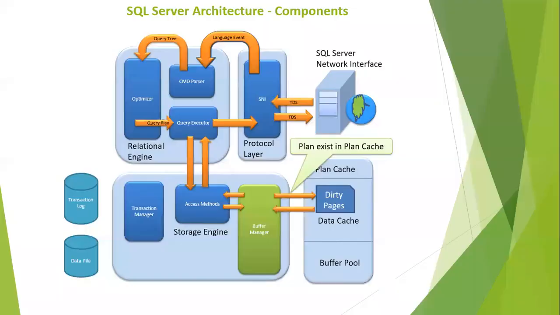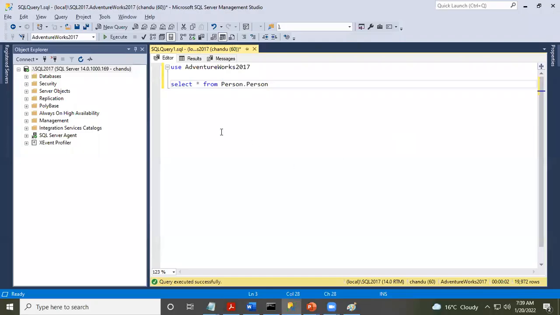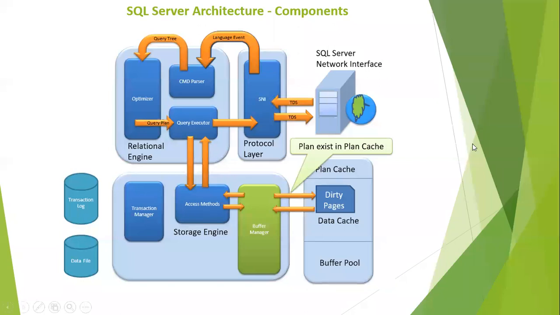First, it goes through the network libraries, client side and server side network library. Let's say this is an application which triggers this query, or SSMS which executes this query. SSMS can be on a different server, so consider SSMS just a user interface on a different computer. You can consider it a client. That select query will be converted into a TDS packet, tabular data stream packet.